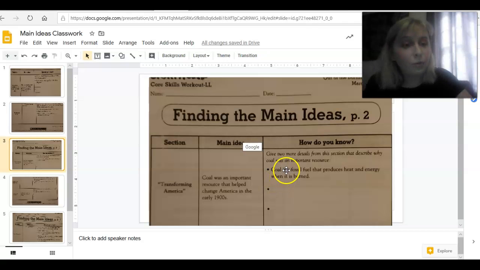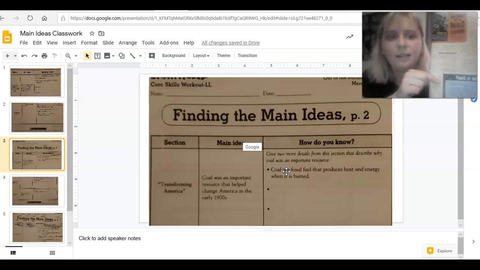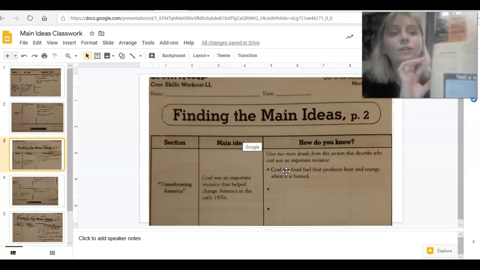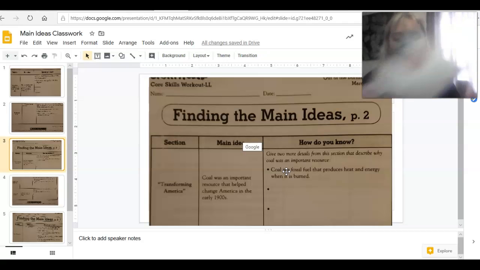All right, it gives you one detail from that section, and you need to find two more, and I would say this is probably one of the easier questions on the worksheet. So there's plenty to choose from in this section that shows how coal was changing America in different ways.